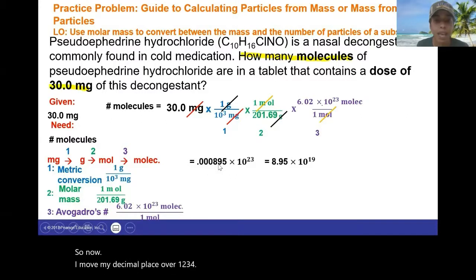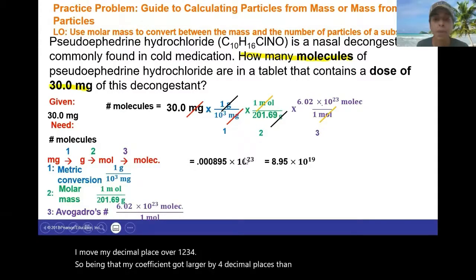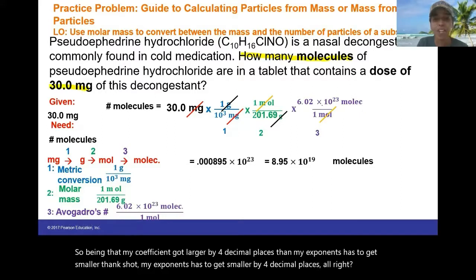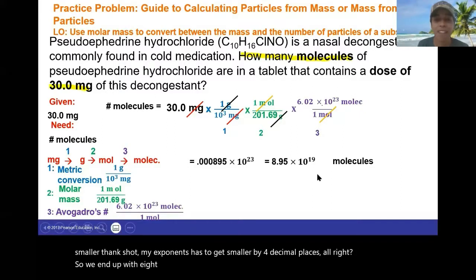So being that my coefficient got larger by 4 decimal places, then my exponent has to get smaller. Thanks, Sha. My exponent has to get smaller by 4 decimal places. All right. So we end up with 8.95 times 10 to the 19 molecules.